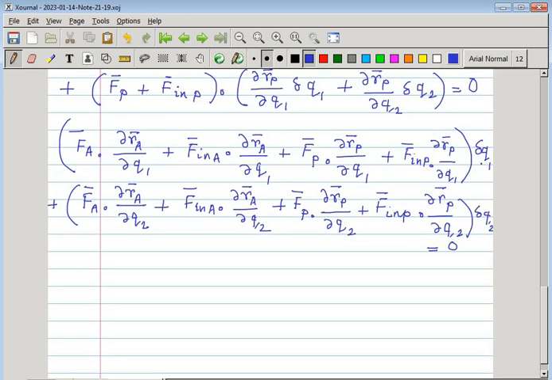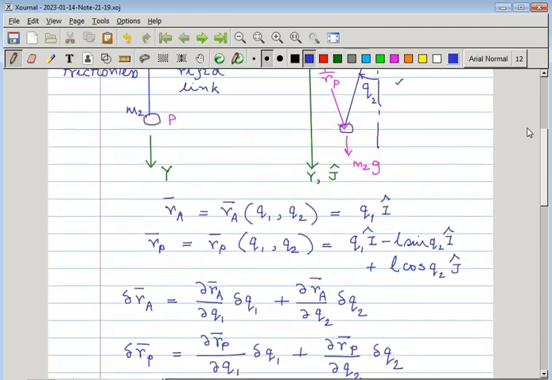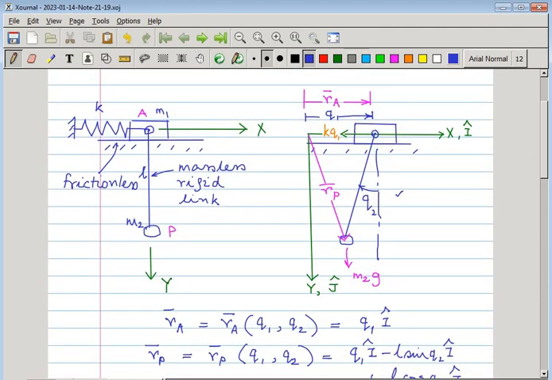So del q1 and del q2 are arbitrary. That means it may so happen that we do not give any del q1 and we give del q2. So that is also possible because virtual displacements are arbitrary. Or in another way, we give one del q1 but do not give any del q2.